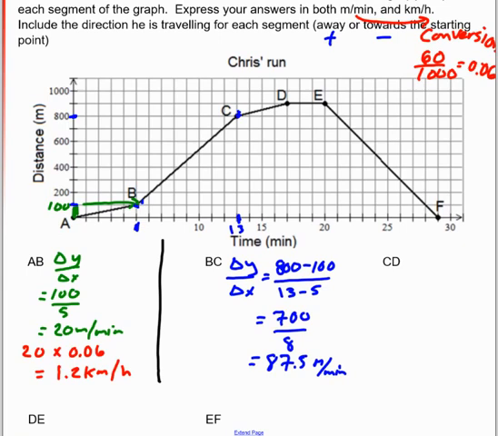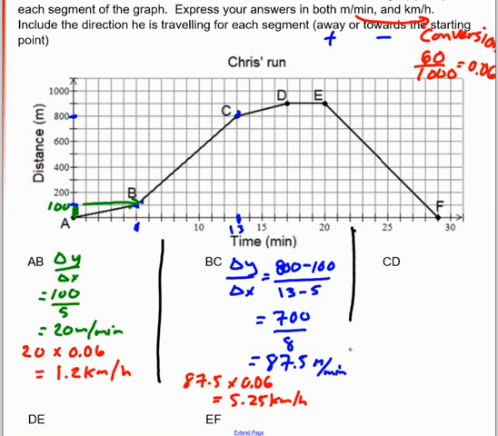So again, notice I'm doing conversion in red to sort of keep you focused on that's what we did. 0.06 equals 5.25 kilometers per hour. Now that's a decent jog. That's not a bad rate at all.